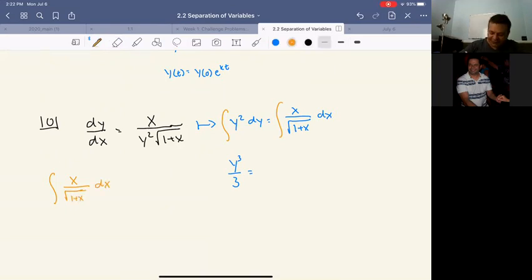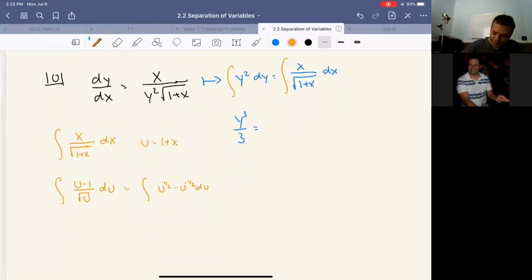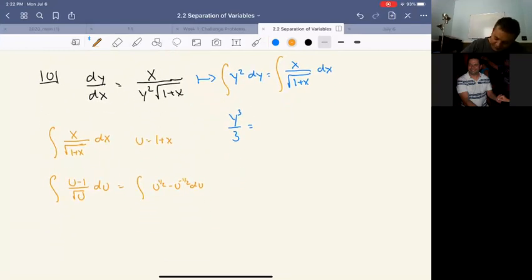Okay, x over the square root of 1 plus x. Let's say u is 1 plus x. So we have the integral of u minus 1 over square root of u du. u to the 1/2 minus u to the negative 1/2 du. That's going to be u to the 3/2 divided by 3/2 plus u to the 1/2 divided by 1/2 plus a constant.